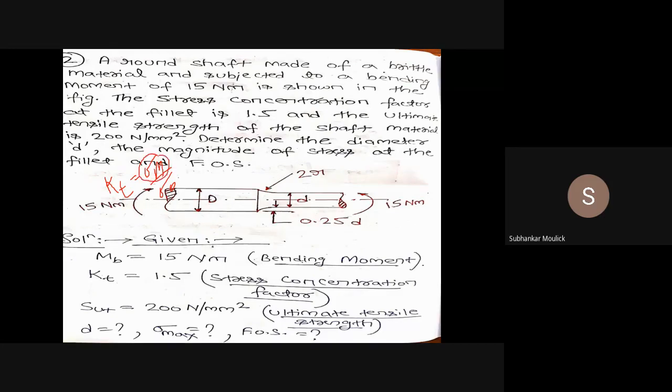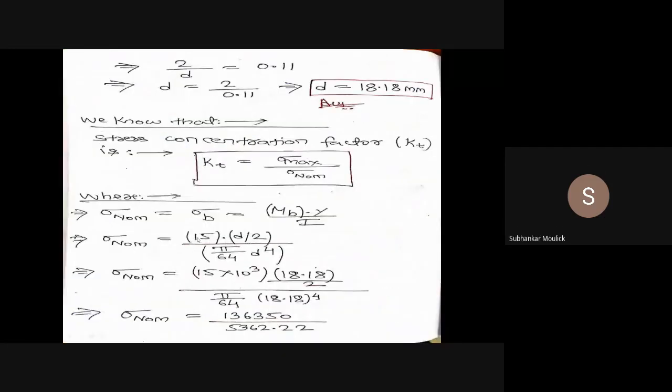So sigma max will be kt into sigma nominal. Sigma nominal is M into y by I. Y is small d by 2. I is pi by 64 d to the power 4. This d and this will get cancelled out. It will become d cube, and 2 into this will be 32.